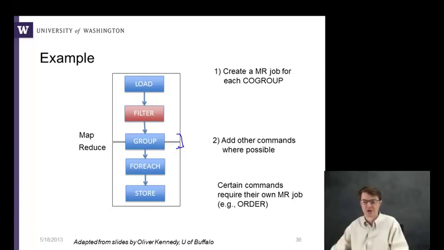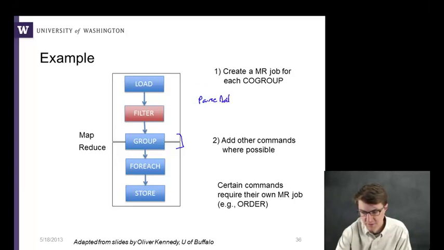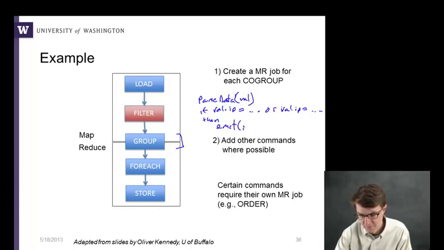And so it ends up with this one map function that's going to look something like: as you process a value, it's going to say, parse the data, and then it's going to say if val.ip equals this, or val.ip equals this, then emit IP val, or val.ip val.